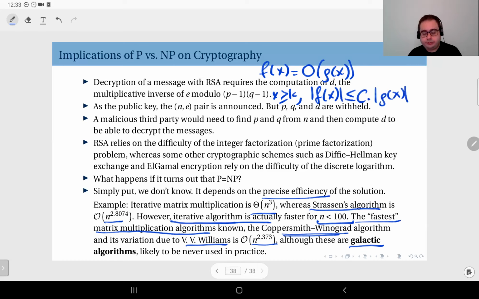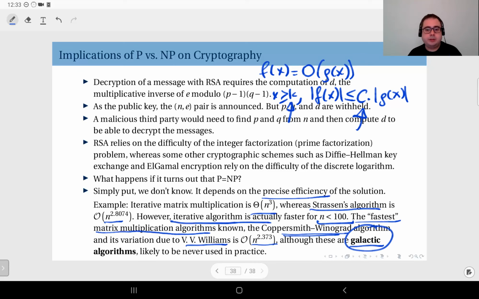Now, in practice, this k could be very large, so that it's a galactic algorithm, like in the order of 10 to the power 1000, which is not really useful at all. Or the c value could be so large that it's impractical actually to use it. It's probably the actual computation time is very large.